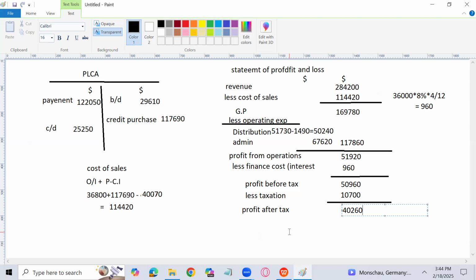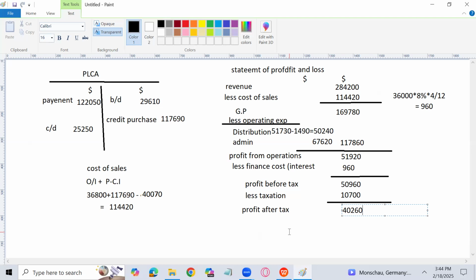Distribution cost includes all selling costs like sales expenses, sales salaries, advertisement, right? So all carriage outward, all expenses related to distribution or delivery, depreciation of delivery vehicle, depreciation of delivery van, delivery cost, these all come in distribution cost. Admin expenses include office expenses, administrative salaries, office salaries.